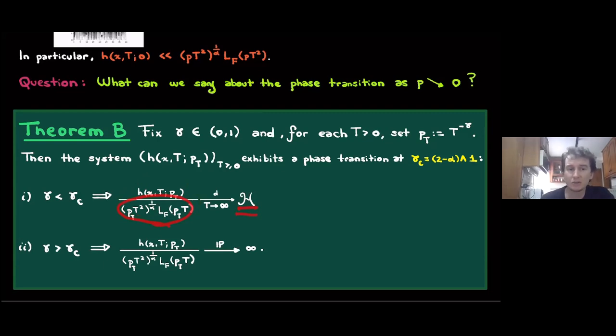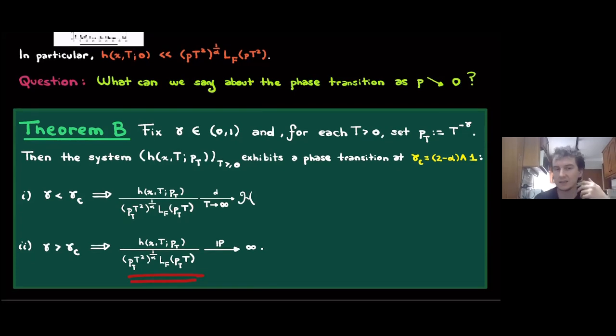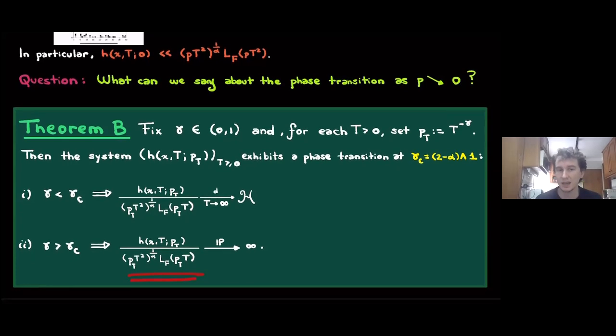Whereas if I make p go to 0 but faster than this critical speed, then I have a different kind of behavior. Then the height of the column above each of these sites grows faster than what theorem A predicts, and as a matter of fact, I get a different behavior for the system. It doesn't behave the same way. So I don't get a limit like this, okay? So those are basically the two results that we have.